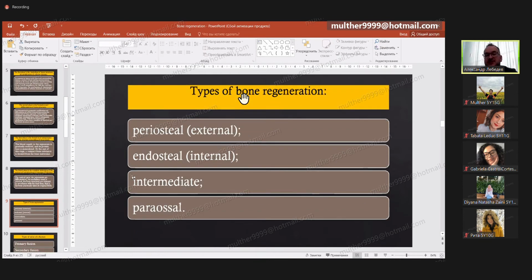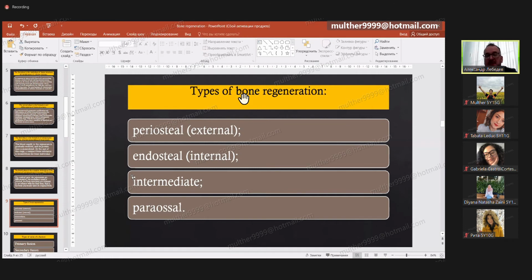Types of bone regeneration. I told you that all structures of the bone play a great role in bone regeneration. That's why if we try to understand it: periosteal, or external, dependent on the periosteum of any bones. And this tissue, which surrounds all our tubular bones, plays the main and first role in bone regeneration.